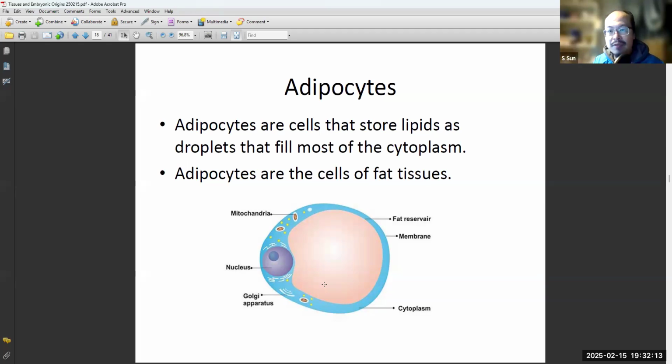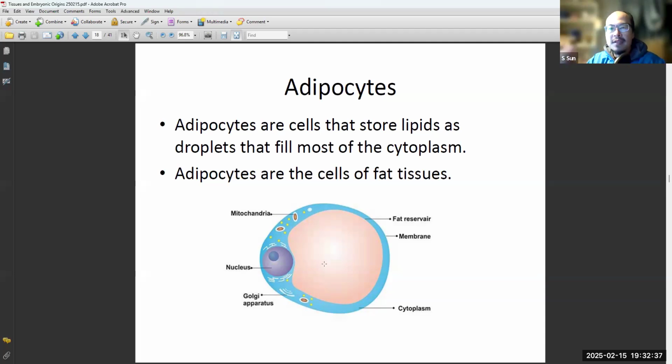Between our organs, we also have fat. So these fats are a way to fill in between our organs. Underneath our skin, it also provides some insulation so we don't lose heat. And it also serves the function of storing energy.